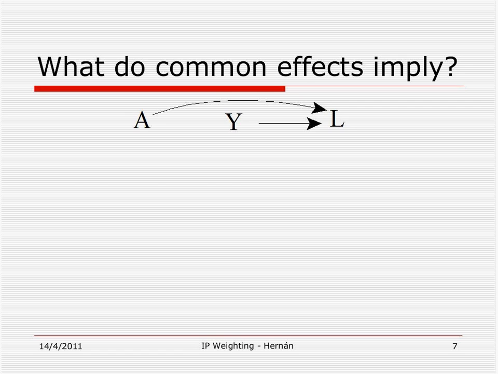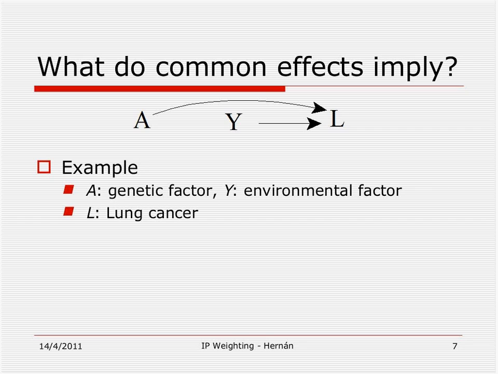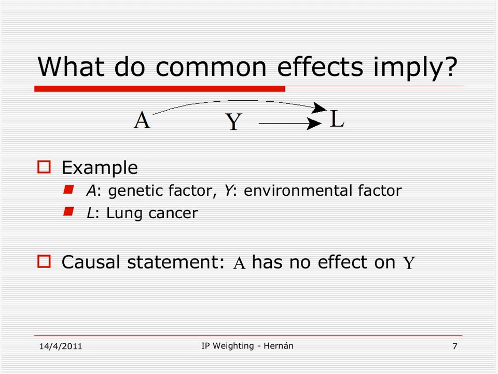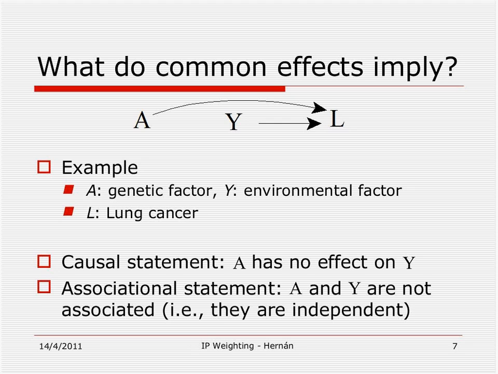In this case, still A does not cause Y, and A is not associated with Y. If 2 variables have a common effect, that doesn't make them associated, and that is a basic result from graph theory. If 2 variables have a common cause, they are associated. There is confounding. If 2 variables have a common effect, they are not.